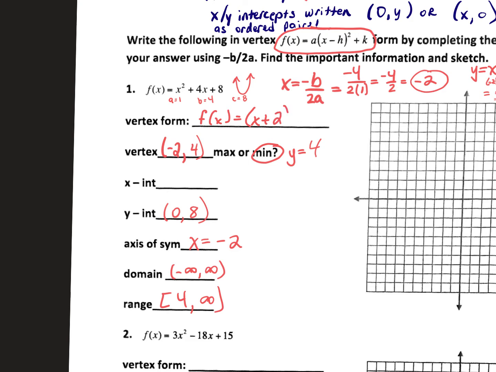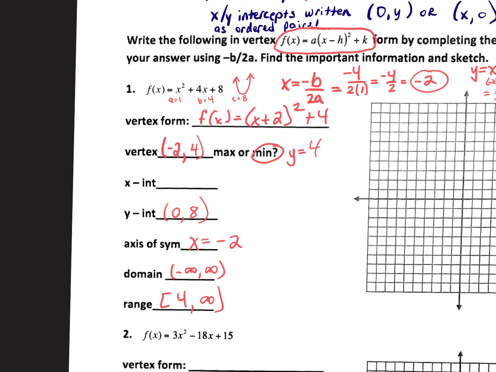So plus 2 squared, and then you put the k. So it's a positive 4, so put plus 4. The only computation we've had to do is negative b over 2a, and then plug in for y. This seems overwhelming, but if you guys do and do and do and do, it becomes very automatic, I promise.